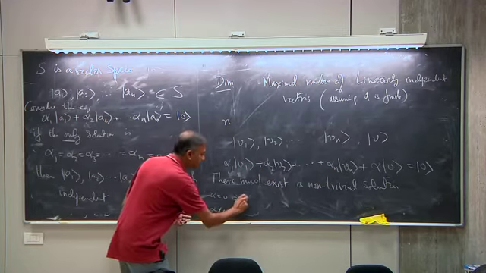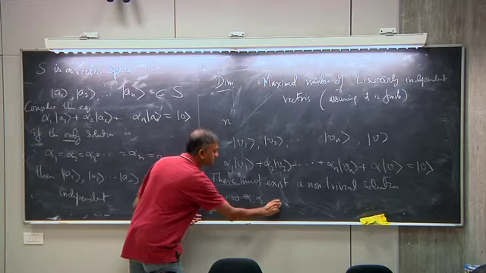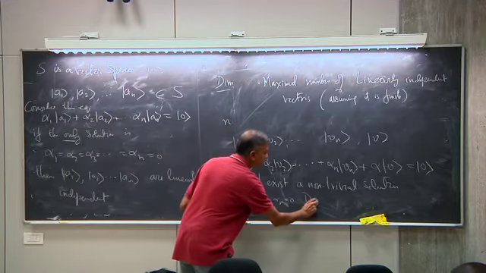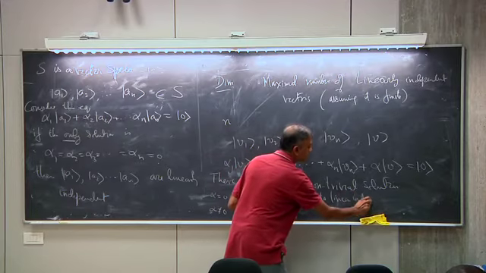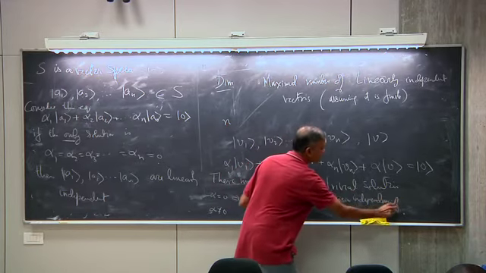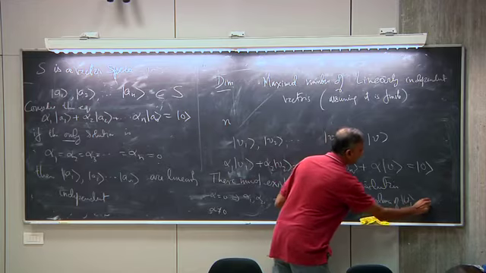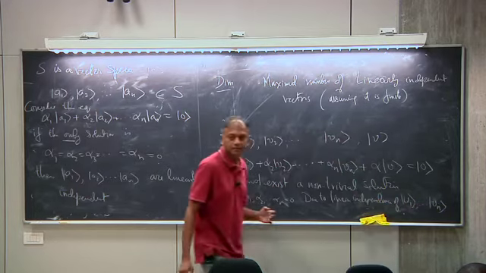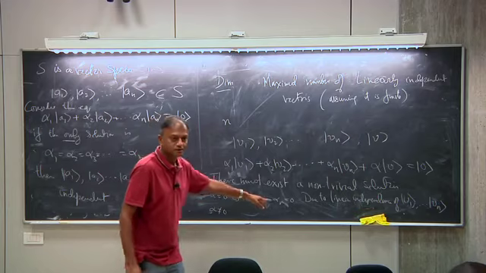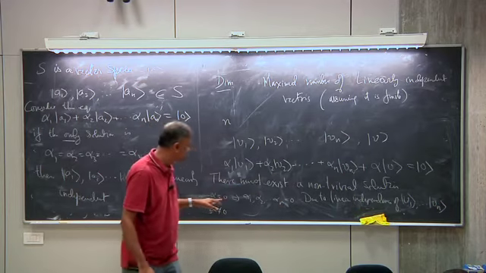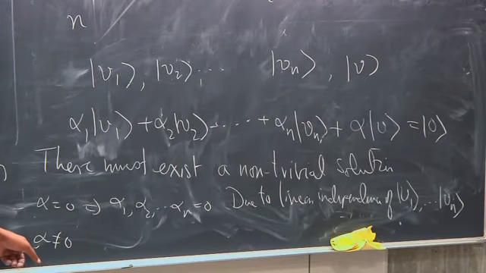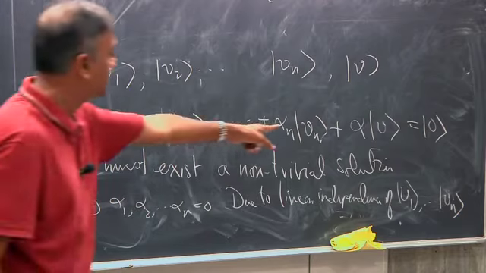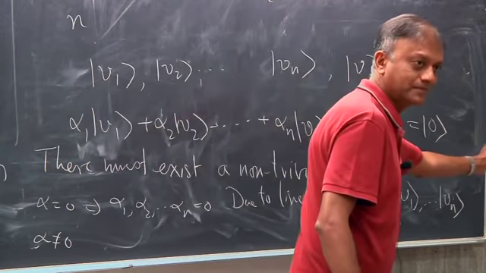This would imply that all the alpha 1, alpha 2, everything is 0 due to linear independence of v1 up to vn, which is linearly independent by assumption. That would be a contradiction, since it would mean this is a trivial solution. So for any non-trivial solution, alpha has to be non-zero, right? And if alpha is not 0, then I can just take this on the other side, right?